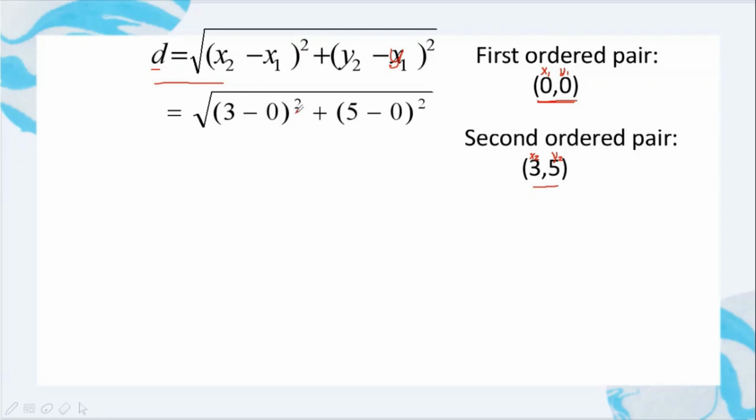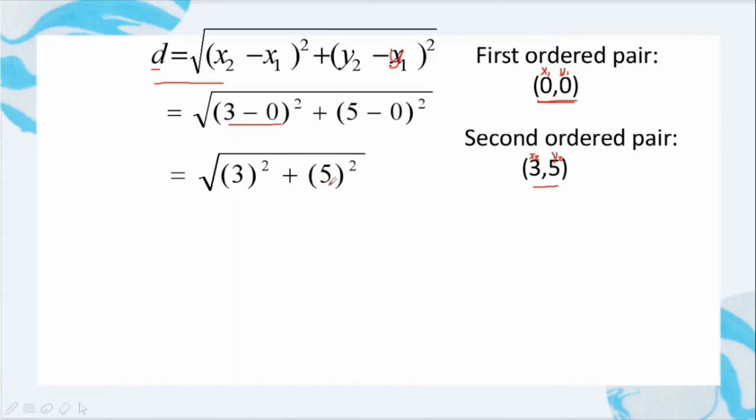Then copy the square plus y sub 2, which is again this one, 5, minus our y sub 1, which is 0. Then again, don't forget the exponent. Then after that, we will simplify the inside of the parentheses. So 3 minus 0 is 3, and 5 minus 0 is 5.